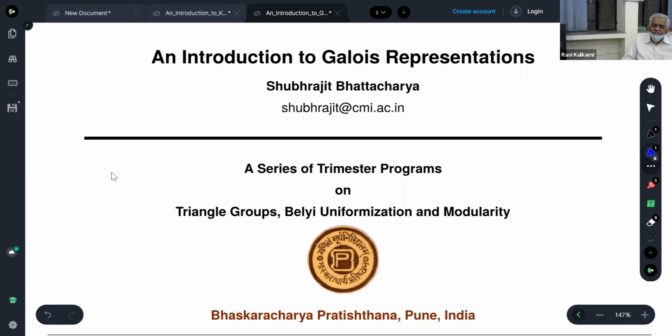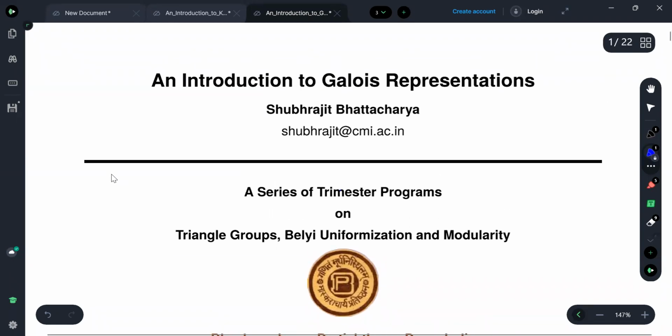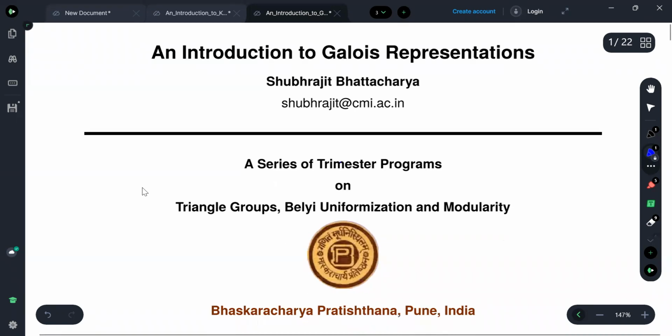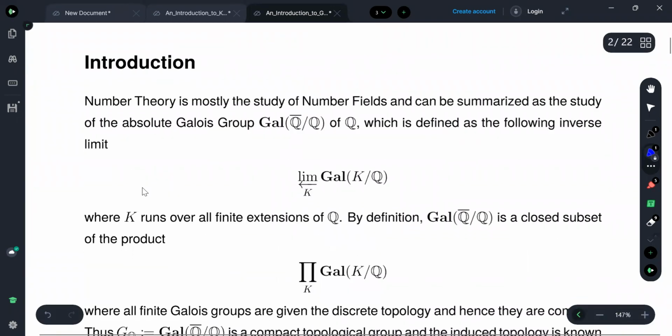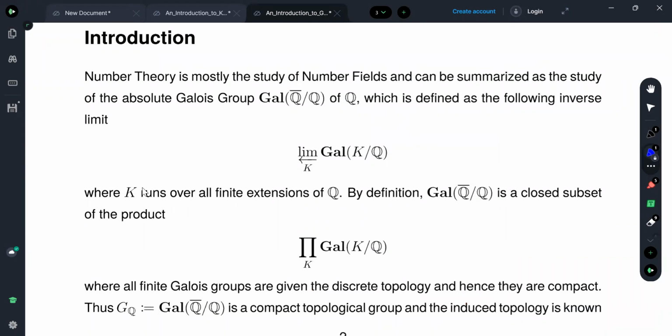Yeah. So as the title says, it is a very brief introduction to Galois representations. First, I will give a little introduction about the Galois group, which we will be studying.